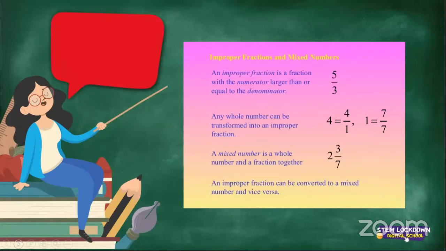That is an improper fraction. It has a numerator larger than the denominator, which is 3. So if you see a number on top that is bigger than the number at the bottom, which is the denominator, immediately you must know that it is an improper fraction.